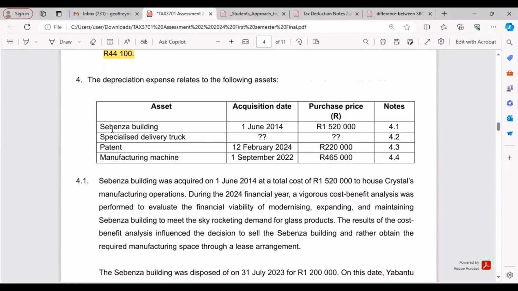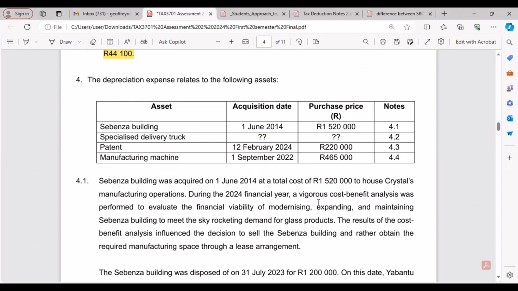Right, there's Sevenza building, acquisition 1 June 2014, sorry. Purchase price, that's not 4.1. Sevenza building was acquired on 1 June 2014 at the total cost of 1,520,000 to house Crystal manufacturing operations.